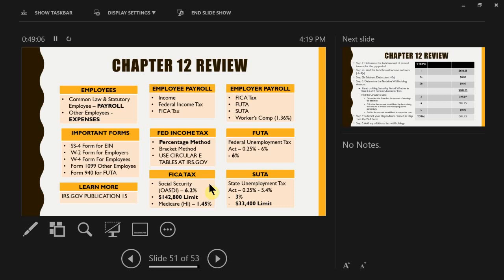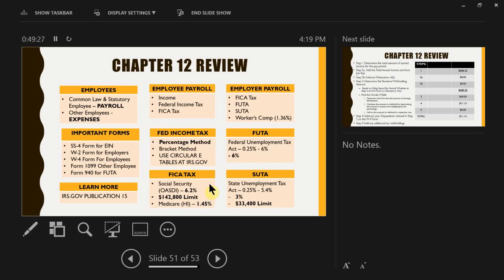Once again, I'm not a tax accountant, so I don't know all the details. I've only taken a tax class, and on top of that, this is just a general class. It's not a tax class. But all you need to know is that tax changes every year, so you need to make sure that you look at that.